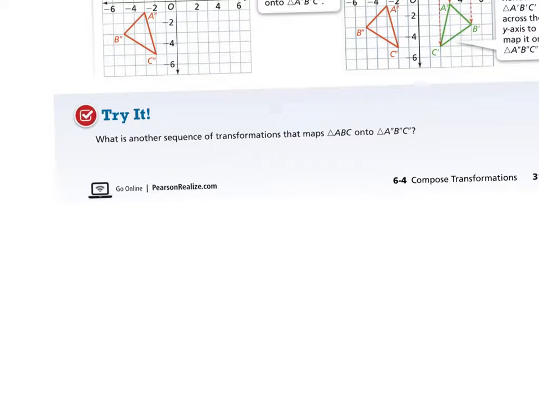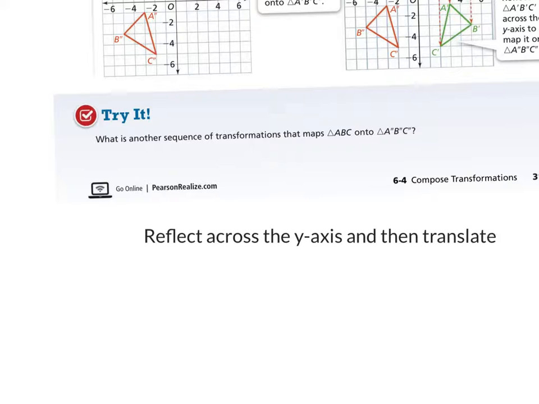So if we did reflection across the y-axis, and then translate 6 units down and 8 units left. That would actually end up working also.